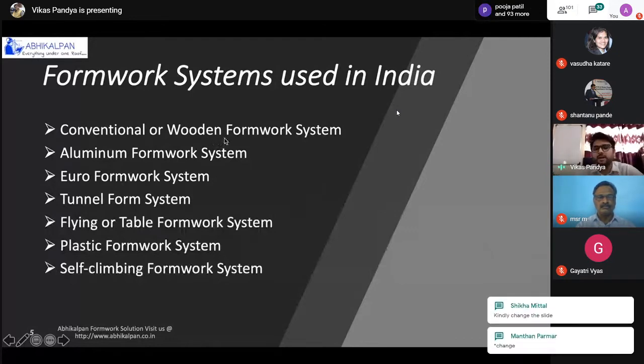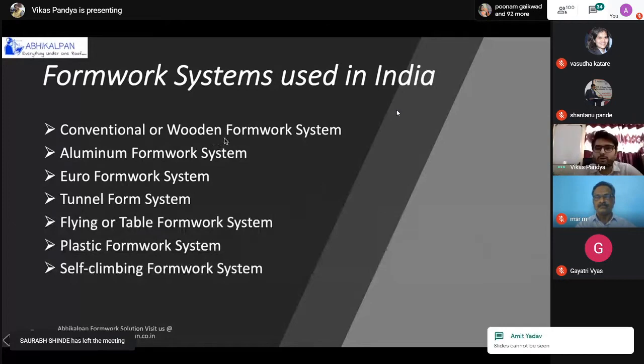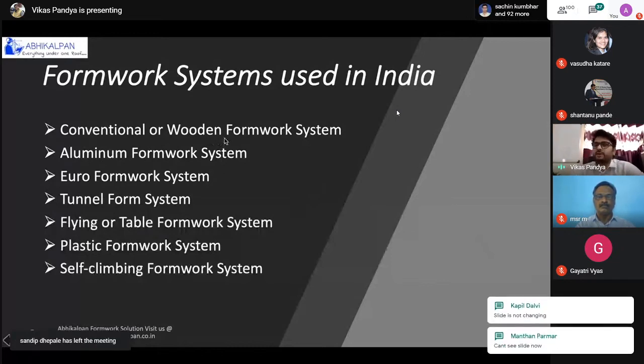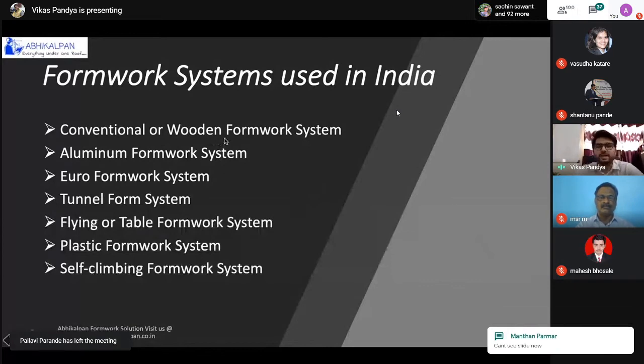The main advantage of this formwork system is that if your structure is a smaller one, or you have to cast one or two floors of a building or a single bungalow, then the conventional formwork system is much better for you. You can go for this system. Also, we require skilled labor for this formwork system as we manufacture and design this system at site only.